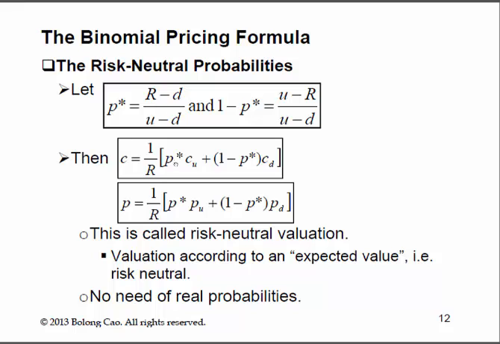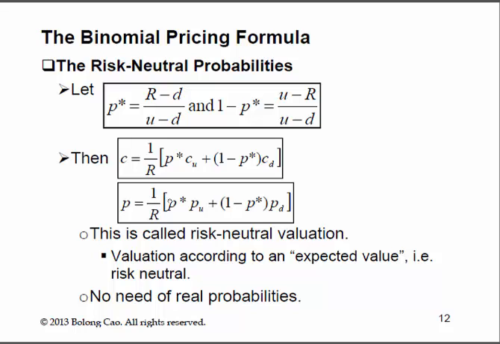This is the expected payoff discounted at the risk-free rate. This is exactly risk-neutral pricing. That's why these two probabilities are called risk-neutral probabilities, and this kind of valuation is called risk-neutral valuation.